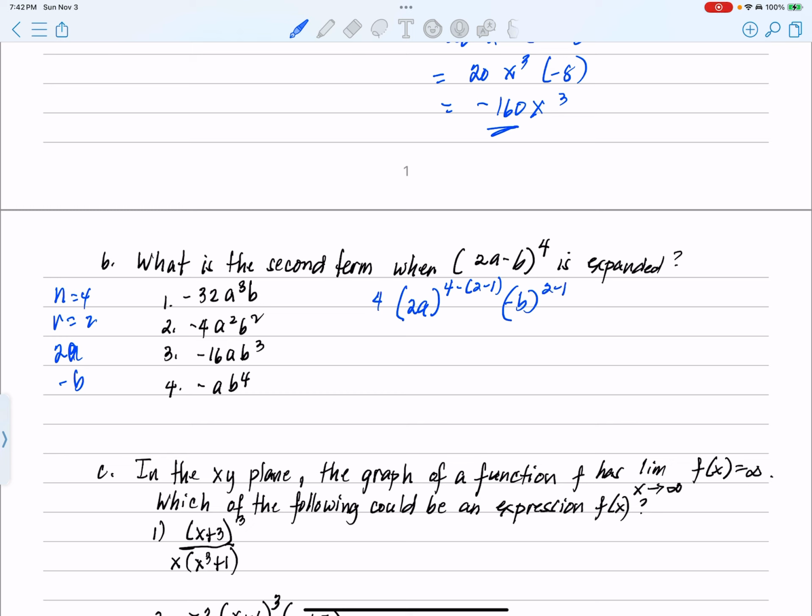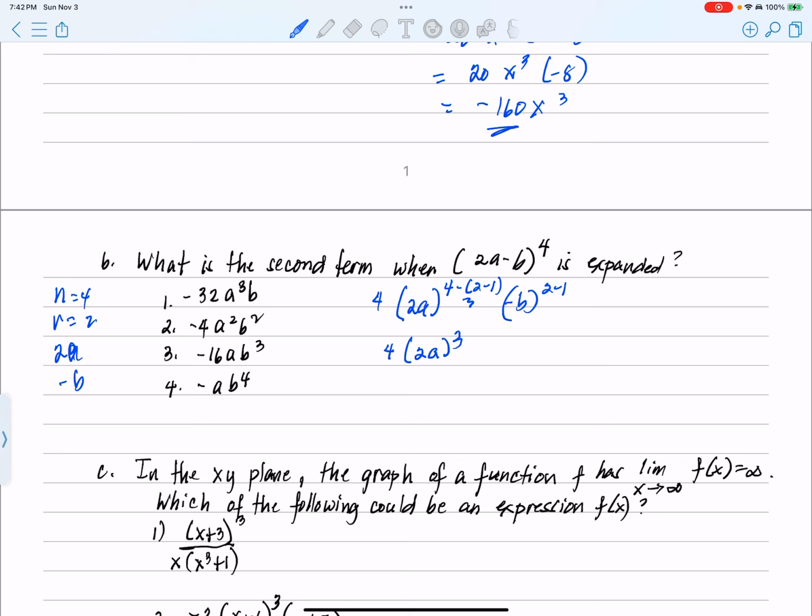So 4 to the power of 2a. Did I mess up something here? Second term, so 4 minus 1, that will be 3.